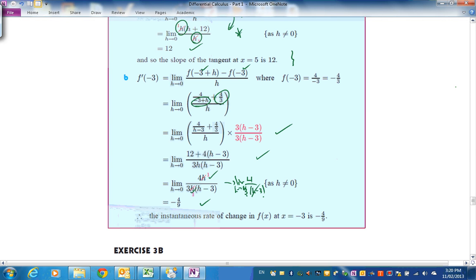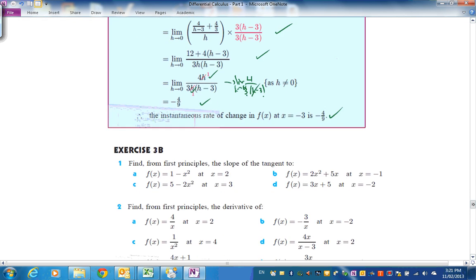So the slope of the tangent at x equals neg 3 is that, or the instantaneous rate of change. They are synonymous, they mean the same thing. As Newton came to that realisation when he was looking at the instantaneous velocity and wanted to find the limit of the average velocity, or the slope of the chord between 2 points.